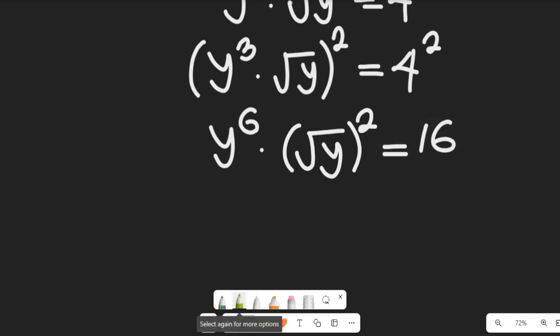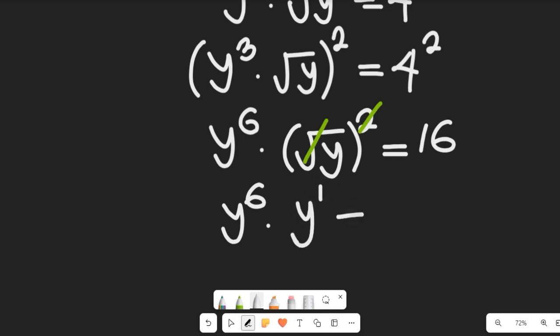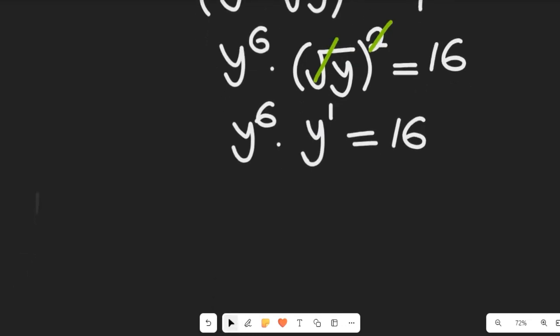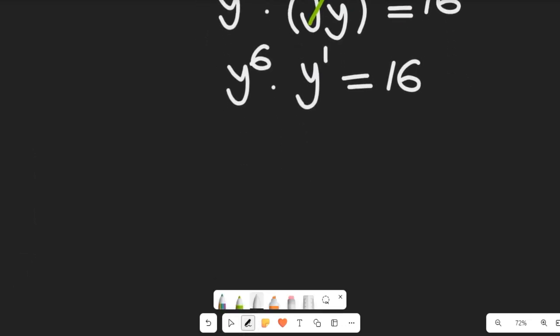The square will clear the square root, and we'll be left with y to the power of 6 multiplied by y to the power of 1, equal to 16. Since we have the same base, the exponents add to give us y to the power of 7 equal to 16.